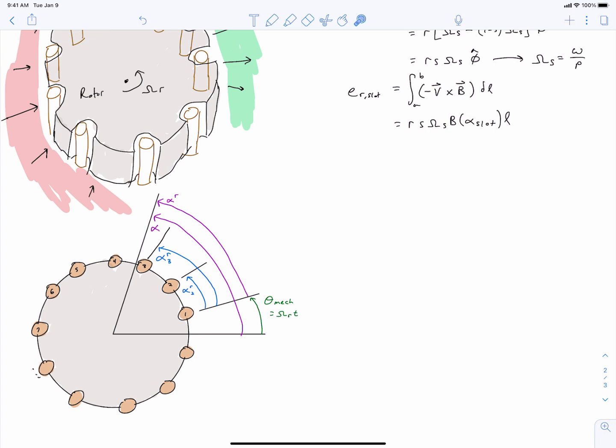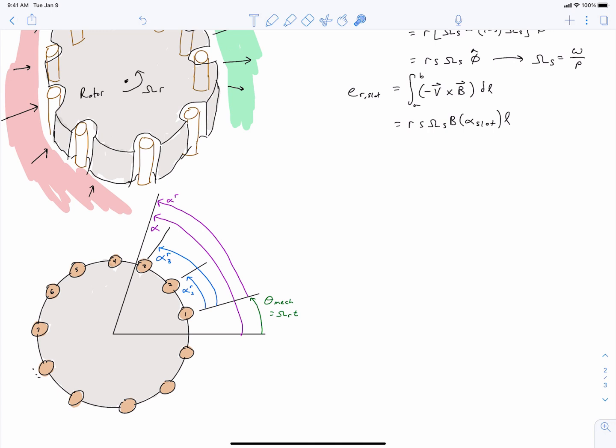Now I want to start introducing the notion of standardizing on how we draw these diagrams and the way that the angles are referenced, so that the derivation for our voltages and later on for our current linkage and equivalent linear current density, all of this is with reference to the same reference frame.